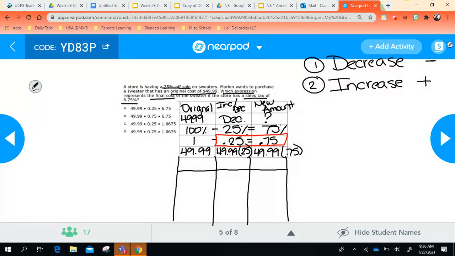Okay, so remember, we're taking this final expression and we're moving that over and it's going to be our new amount. So my new original for my second step is 49.99 times 0.75.